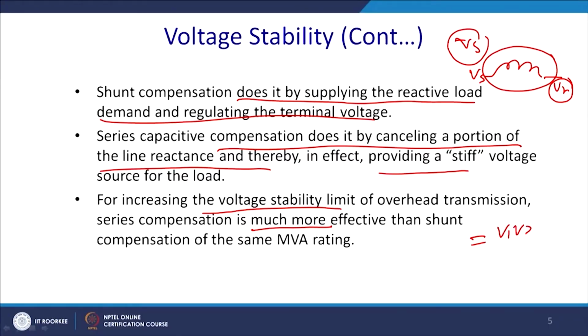Shunt compensation is basically controlling the power by VR. For series, you are dealing with the denominator, V1 V2 by X. So, reducing X by 50%, you straight away jump the power handling capability by 50%.